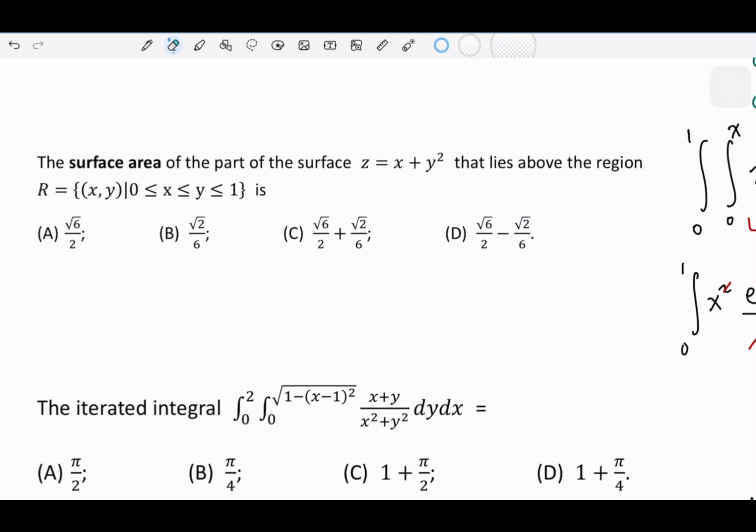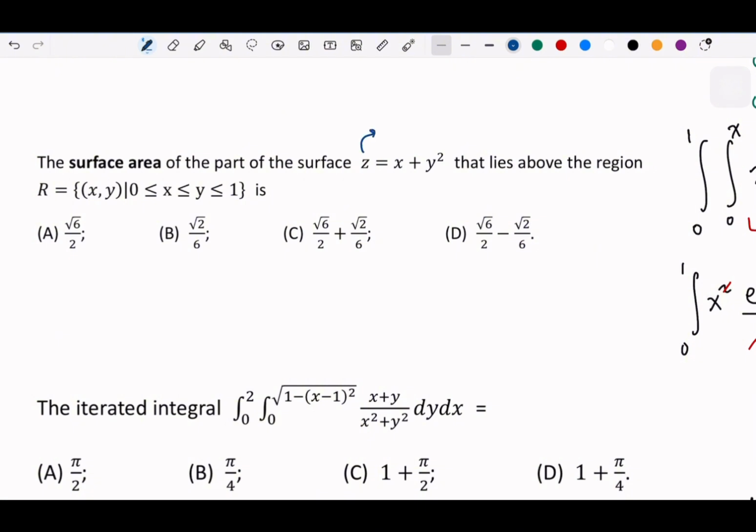So z is the surface, and it is projected onto the region R, which is this one here. So we know the endpoints for this surface area based on this, right? So perhaps we could first find the partials, and I think it's quite simple here.